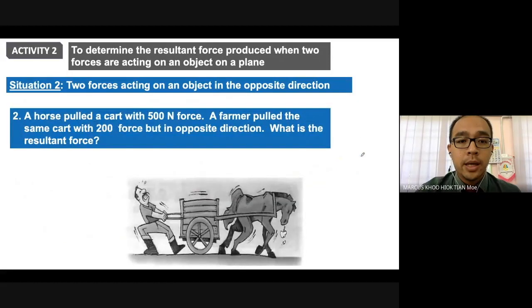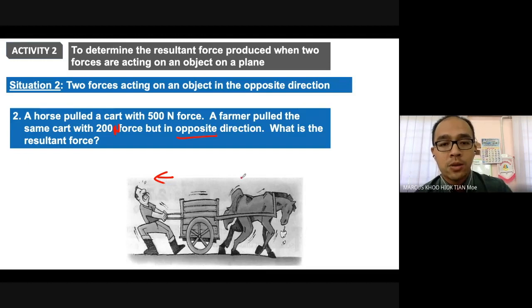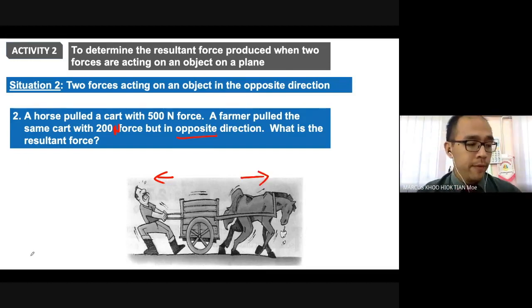Okay, same situation, the same horse, but the farmer wants to pull it with 200 Newton force in the opposite direction. So dia mau tarik ke sebelah kiri, but the horse wants to go forward. Okay, let's have Chris Fia.